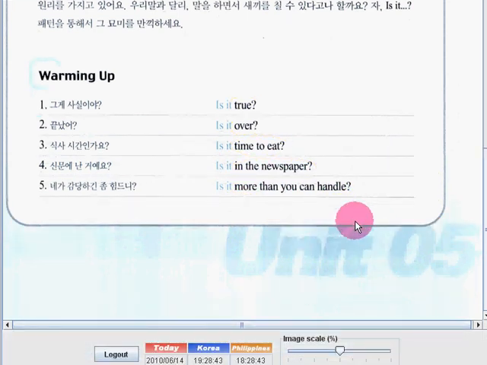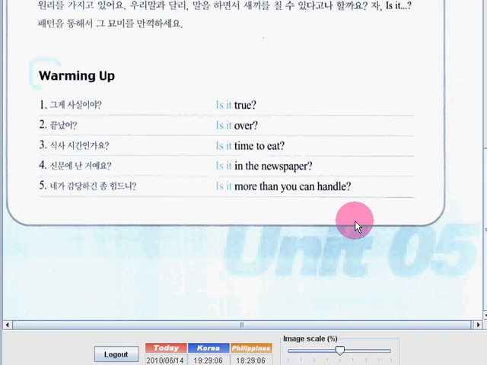So now it is our time to make our own sentences. Okay, so let me be the one to first make a sentence. For example, is it for me? Is it for me? Okay, so my pronoun "it" there means that I'm talking about something.